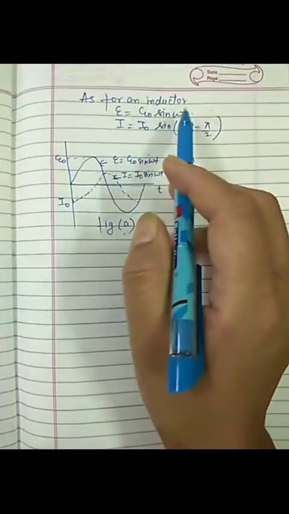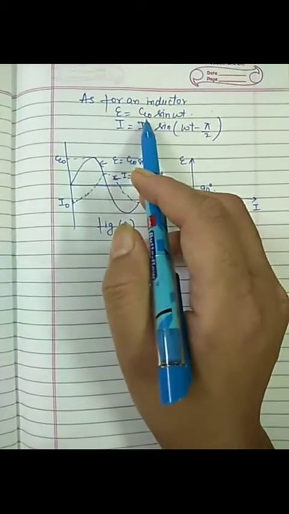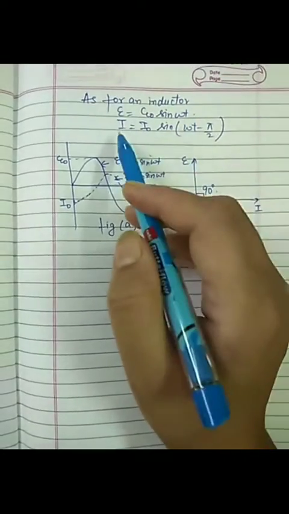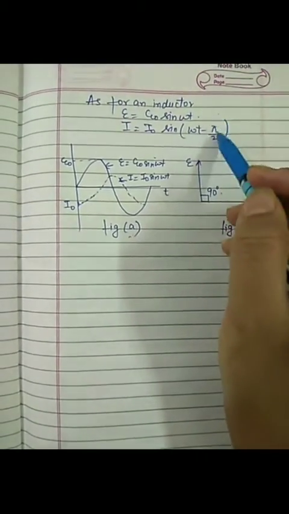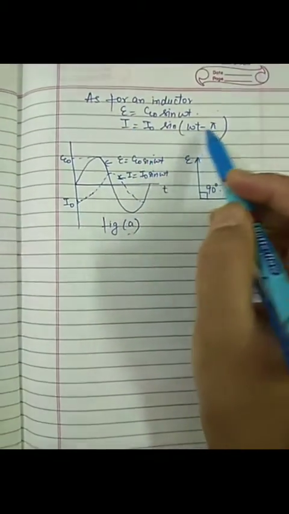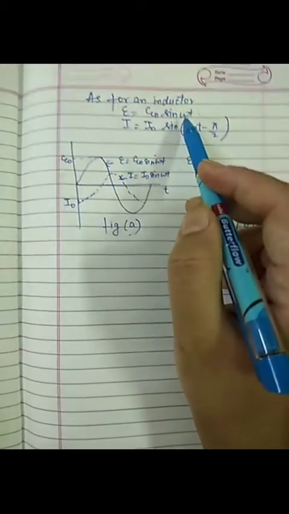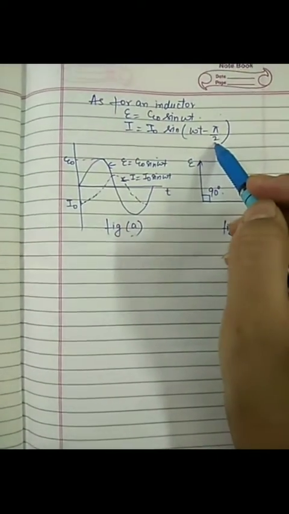As for an inductor, epsilon equals epsilon naught sin omega t and I equals I naught sin of omega t minus pi by 2. This relationship shows that current lags behind the voltage by a phase of pi by 2.